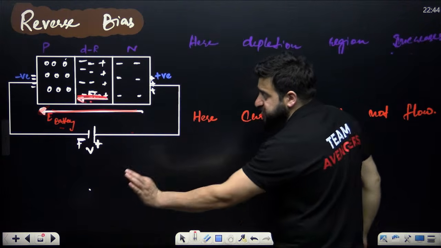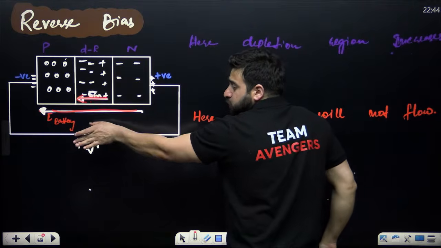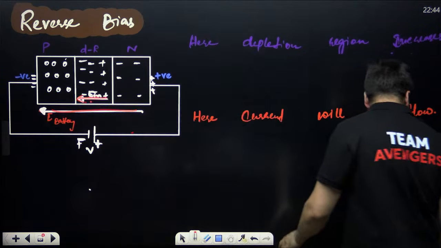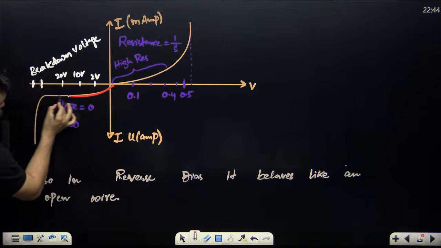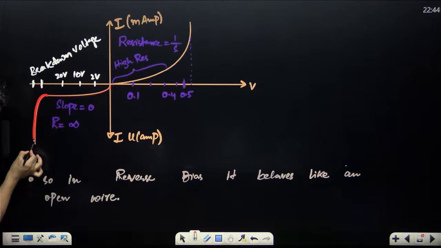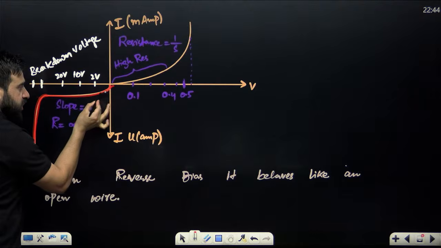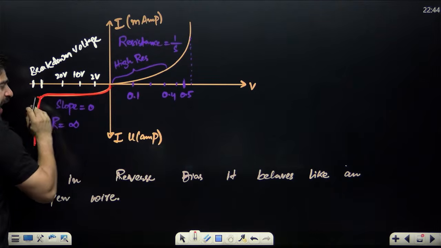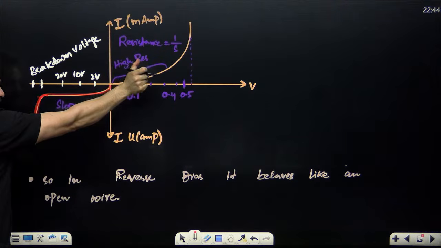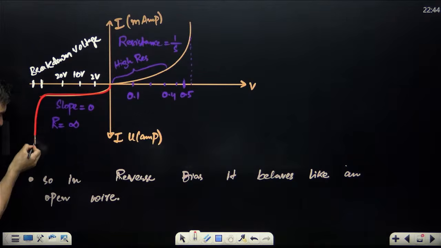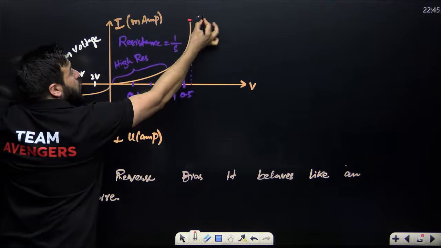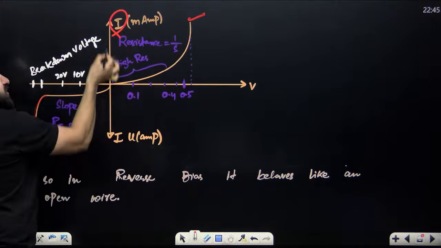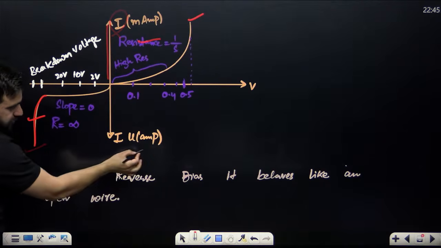After some time bonds will break, and then current will flow in large amounts, so the current graph increases. Still, the current in reverse bias is very small compared to forward bias, this is in microampere.